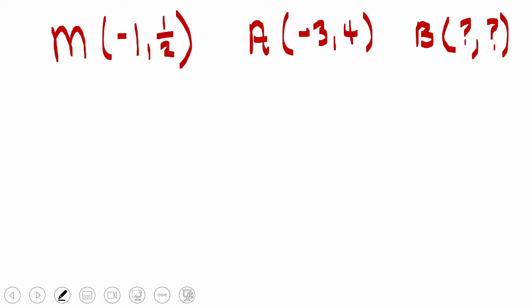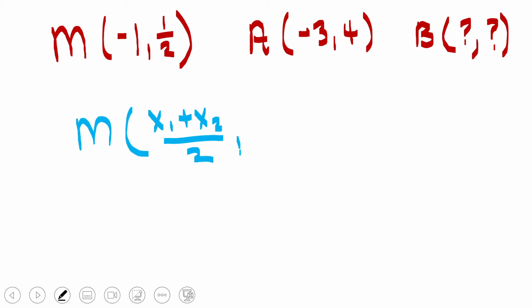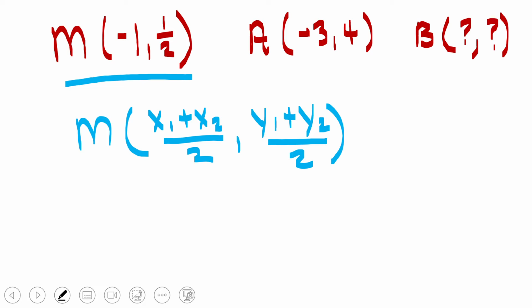So the midpoint is the answer when we use the formula (x1 + x2)/2 and (y1 + y2)/2. We have some of this information. We have the answer, the midpoint across the equal sign, and we have x1, y1.